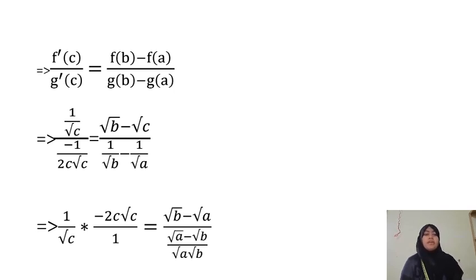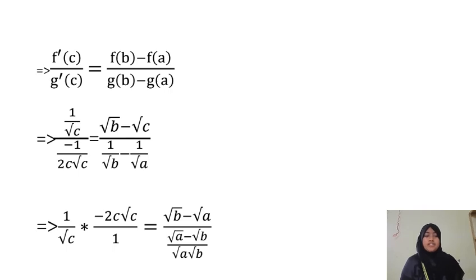So here we have taken the differentiation of two functions, f dash of x and g dash of x. Then we substitute c in the place of x in both differentiated functions. Then we get f dash of c by g dash of c equals, we substitute in the main functions (a, b), f of b minus f of a and g of b minus g of a.